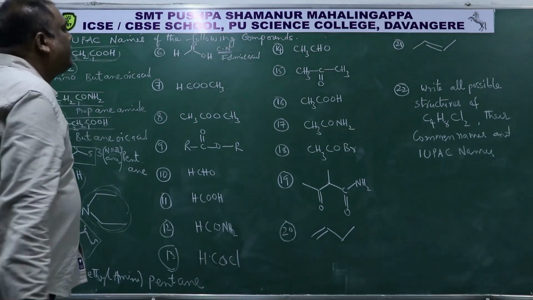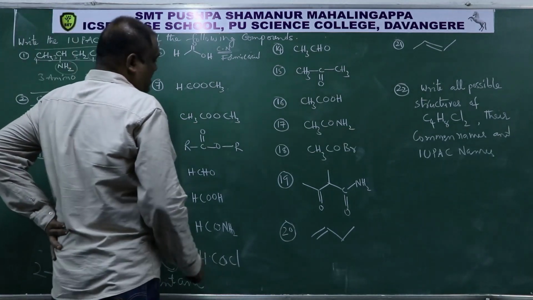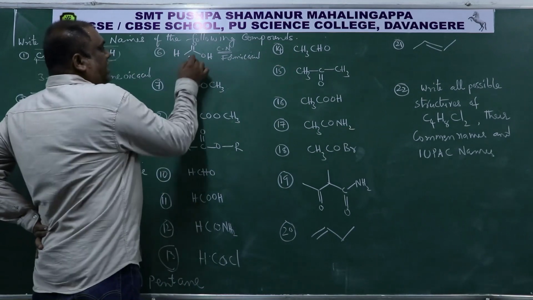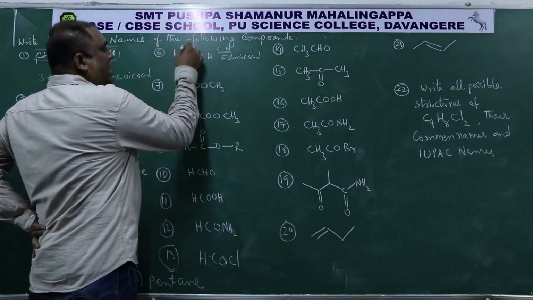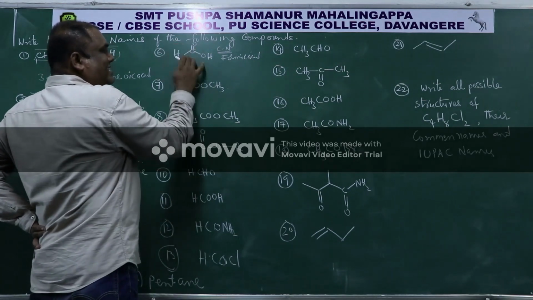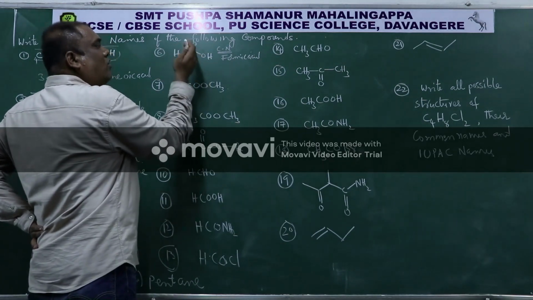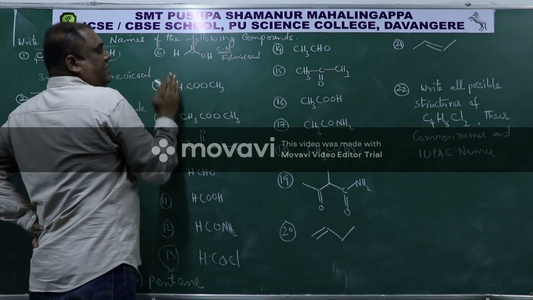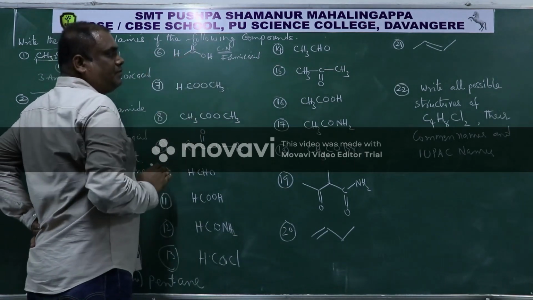So now, what is the IUPAC name? Here in the total chain there is only 1 carbon and there are no side chains. No side chains means there will be no prefix. The name starts with the root word.